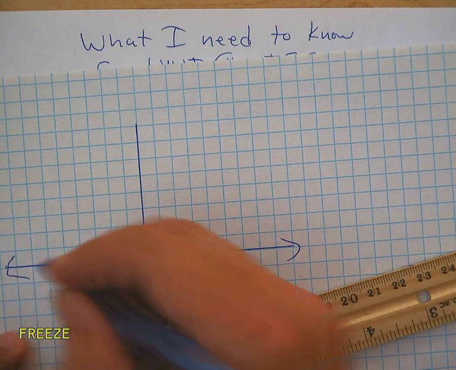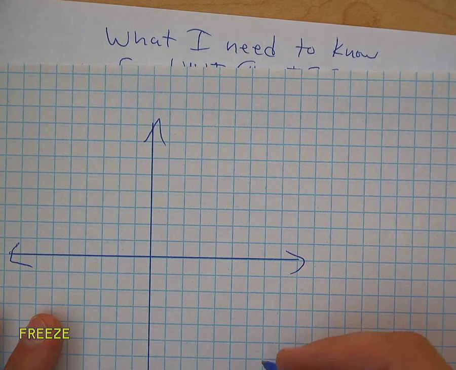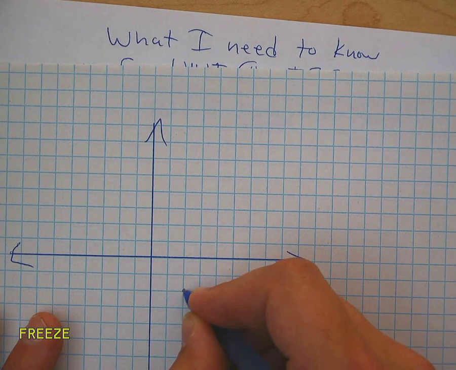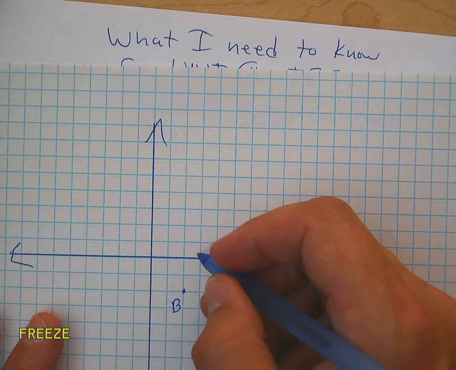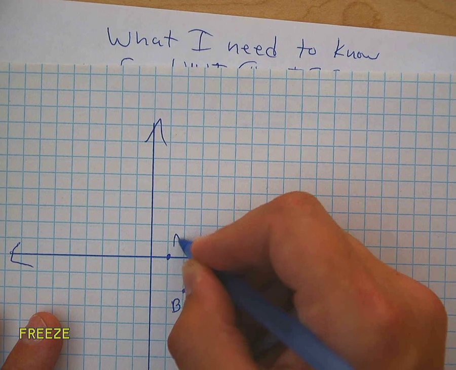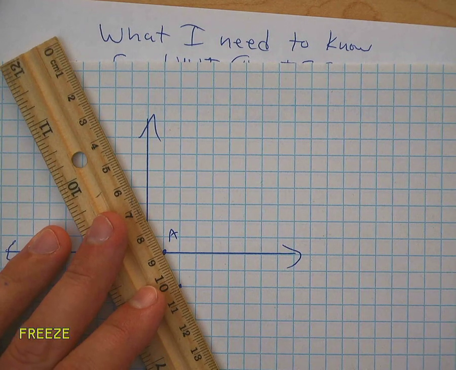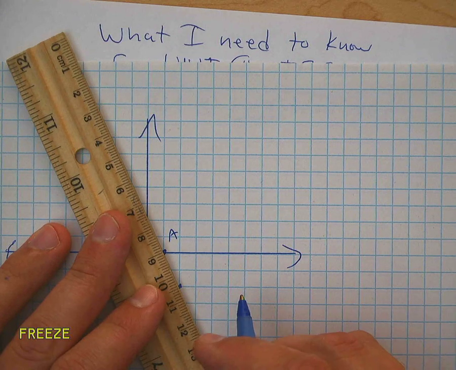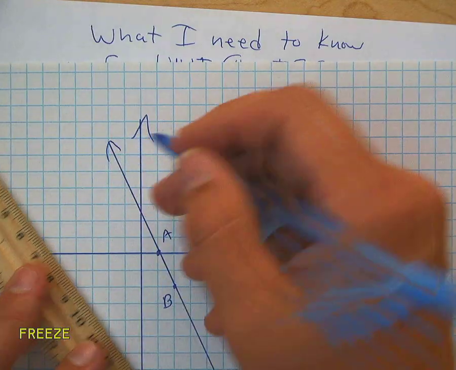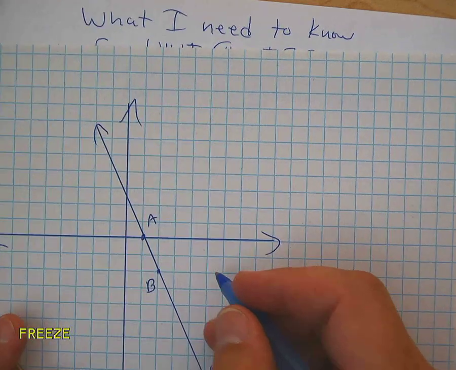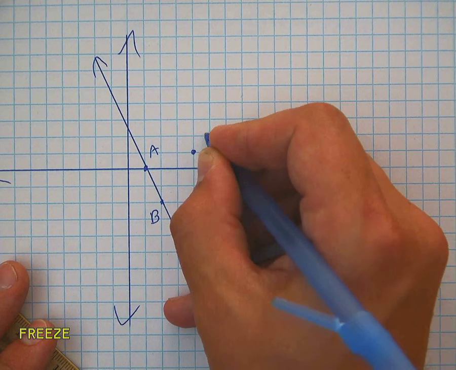And let's say we have an equation that goes through these points, point B and point A. I'm just going to continue this on like that. And we want an equation that goes parallel to this through point C.